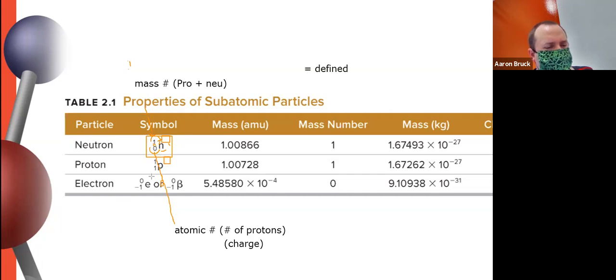For subatomic particles, charge is implied because they all have either a positive 1 or a negative 1 or 0. But if we were looking at elemental symbols, charge is usually where we would find in that top right corner to tell us what is the difference between the number of protons and the number of electrons in that substance.